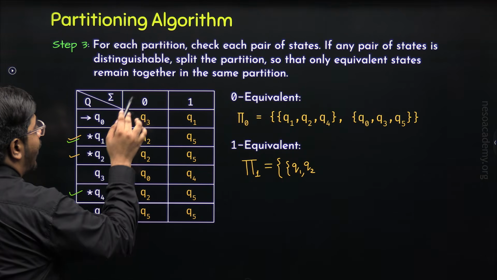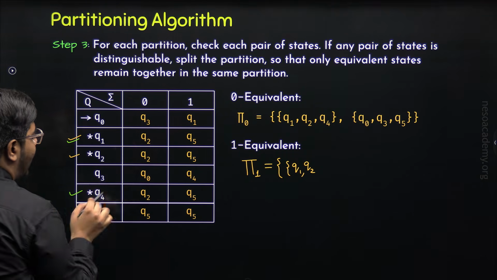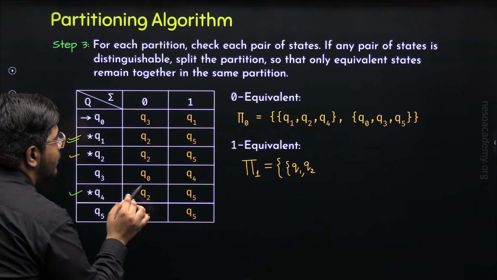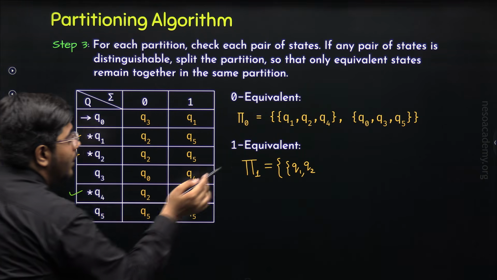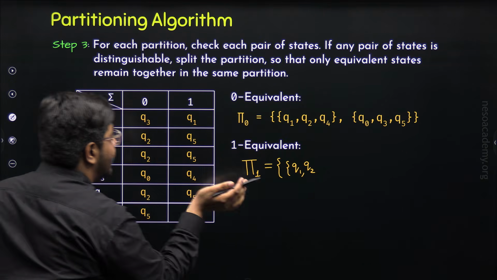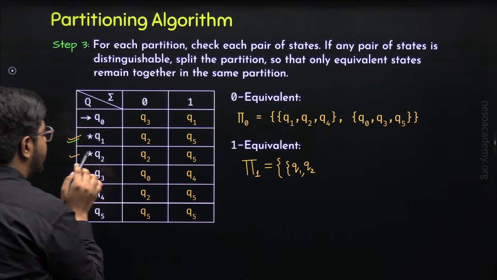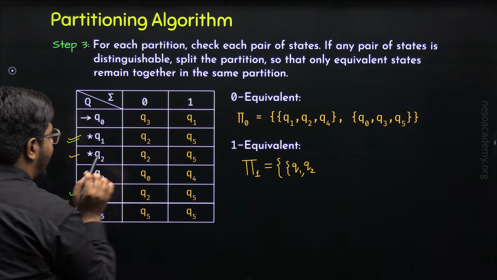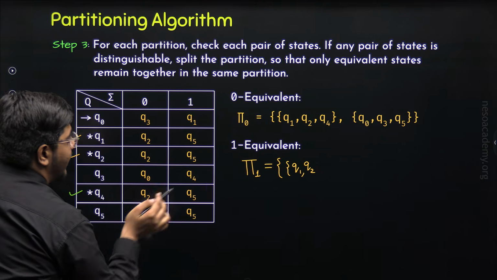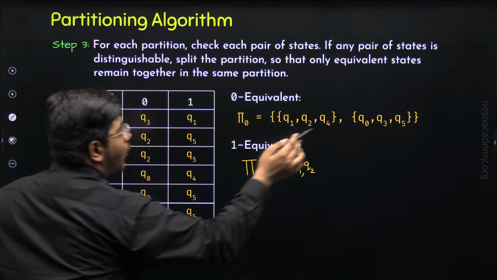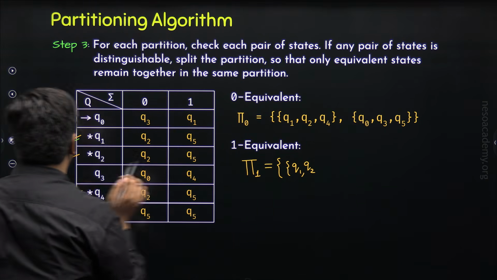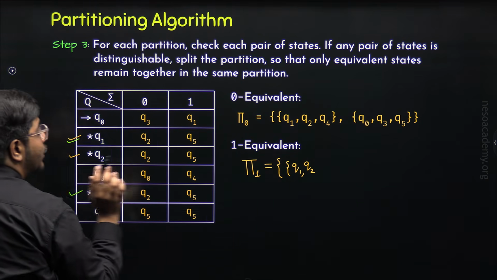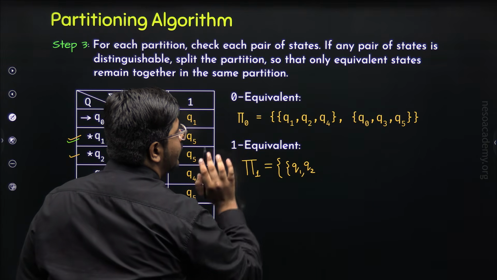Now Q1 on input symbol 0 gives Q2 and Q4 on 0 gives Q2. Q2 and Q2 belong to the same set. Now let's check for the input symbol 1. Q1 gives Q5 and Q4 gives Q5. Q5 and Q5 also belong to the same set. This means that Q4 is also equivalent to Q1.